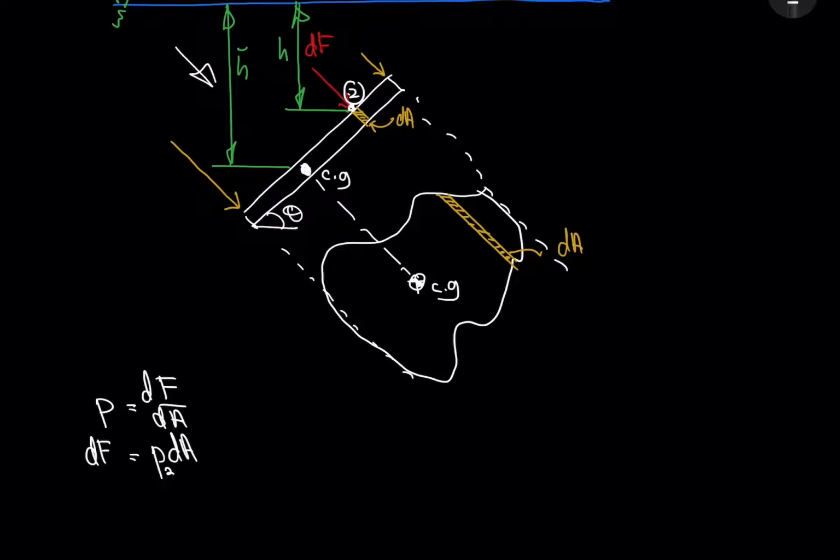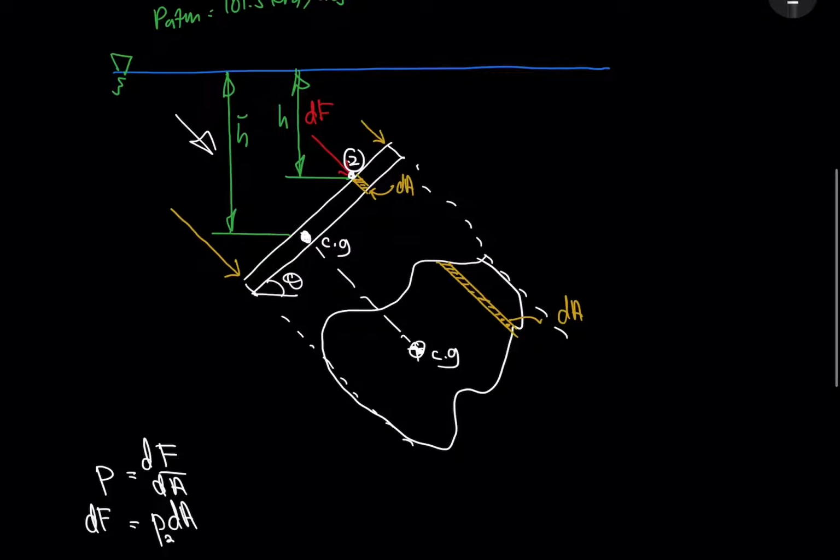The next question is, what is the value of P2? We can determine P2 if we know another point where the pressure is known. In this case, the point where the pressure is known is on the free surface at the top. We call it point 1.